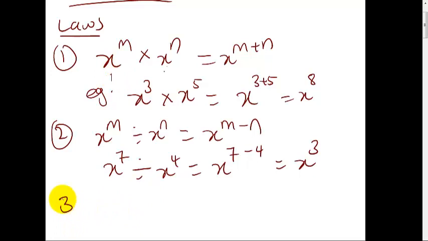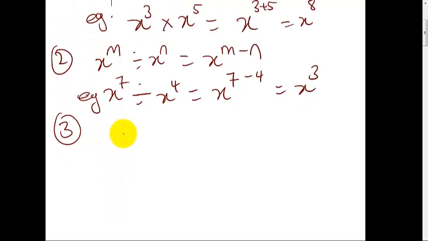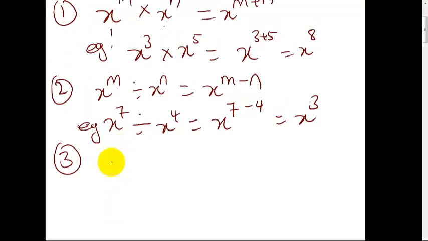Alright, number 3. Number 3 is a power of a power. It will be x to the power of m, all to the power of n. What do we do there? Well, there's only a single x, so you don't add, because I said there have to be 2 x's for adding.